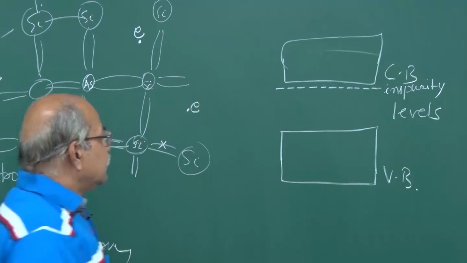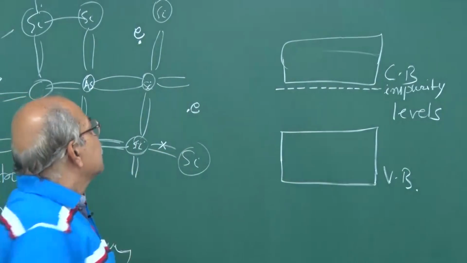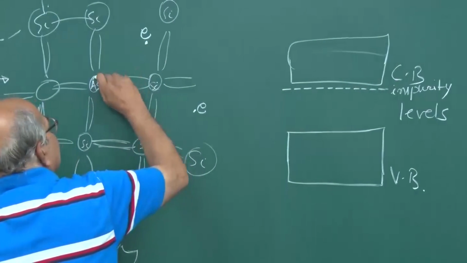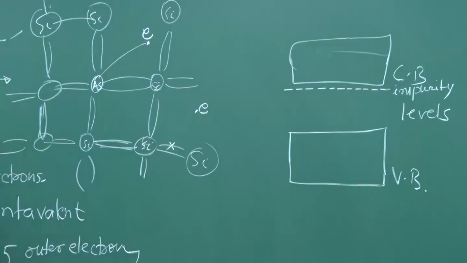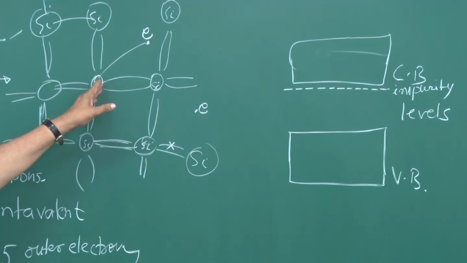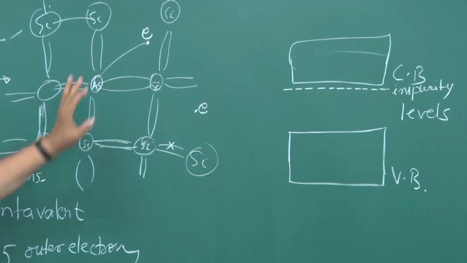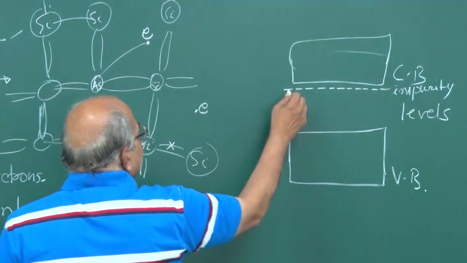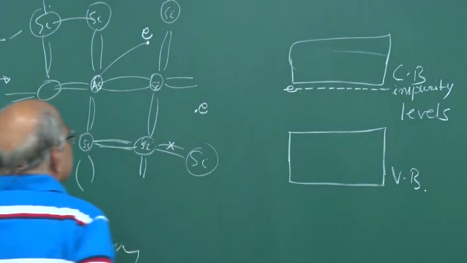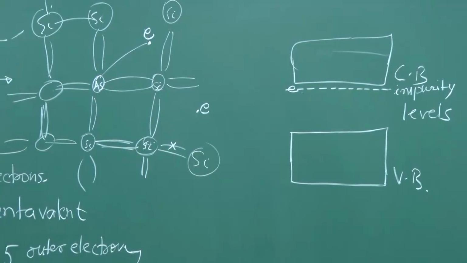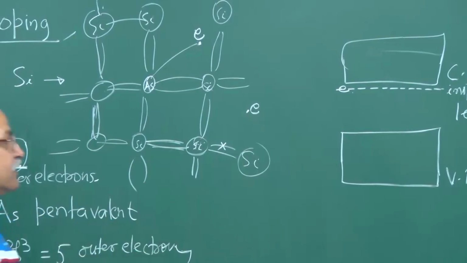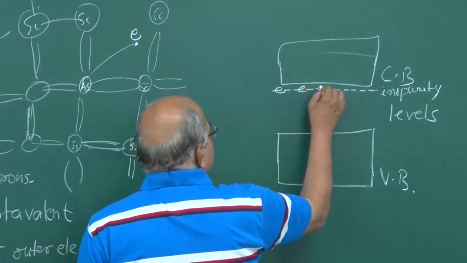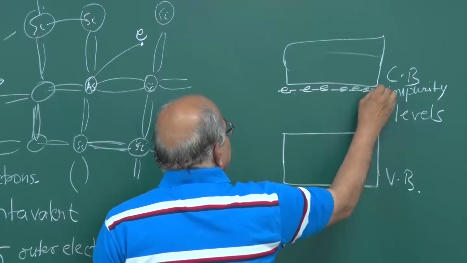Okay, these are new energy levels, and these electrons which are very weakly bonded with this one, these electrons, they lie here. So similarly you have arsenic here and there and there and there, and those electrons are in these impurity levels.